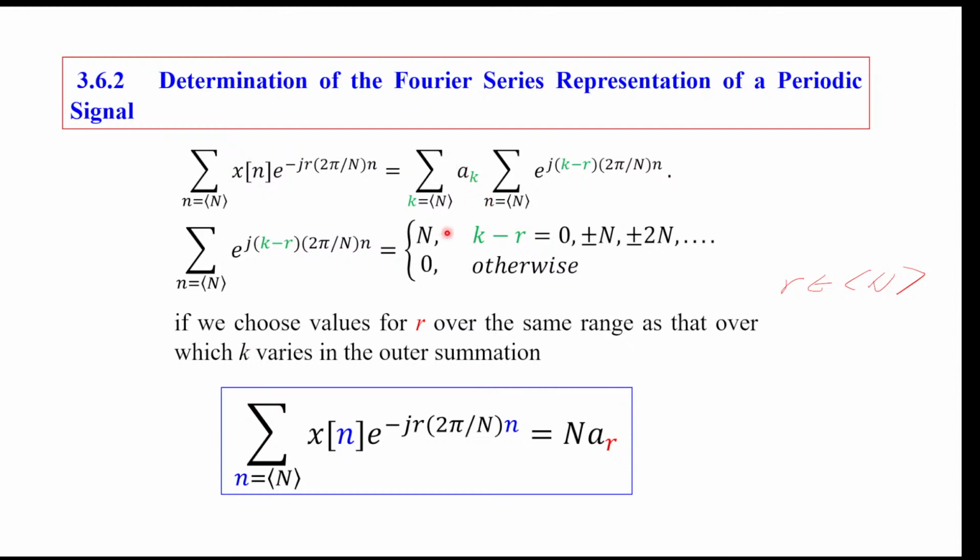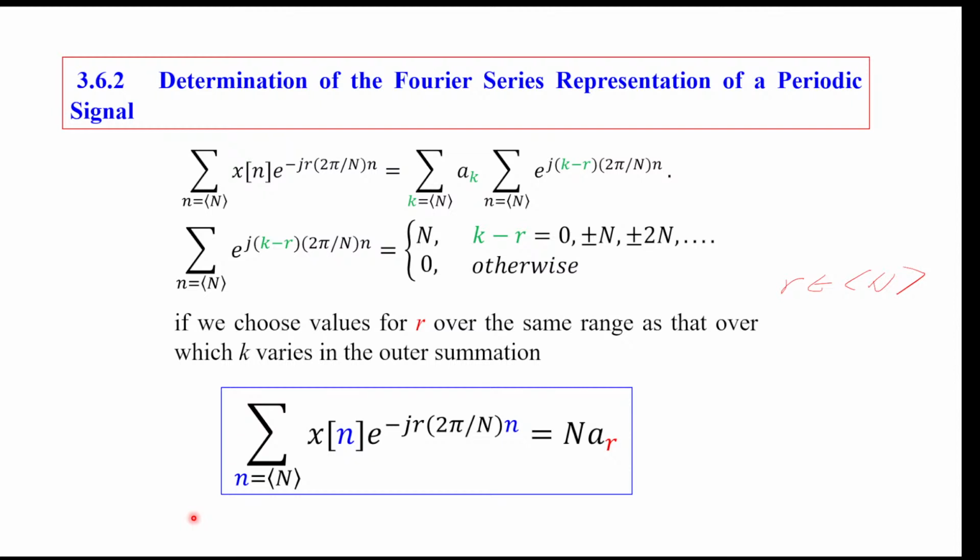So here what we get is just big N, and when k equals r, we get a_r. So this side becomes big N times a_r, because this summation will pick out the k that's equal to r. This thing is a function of k and r, and k must equal r, otherwise it is 0.